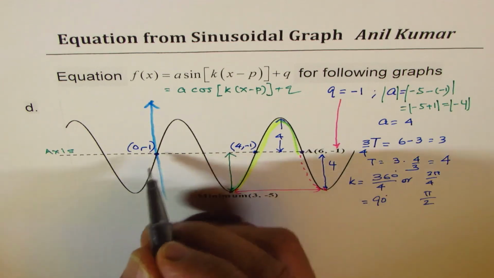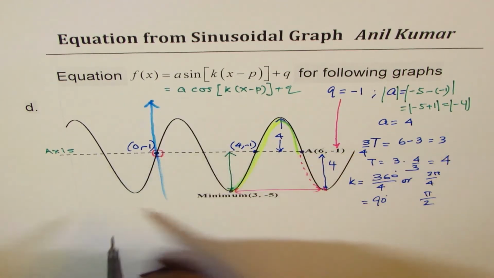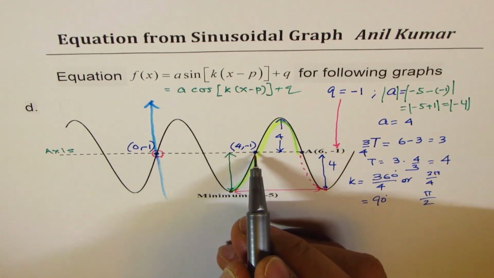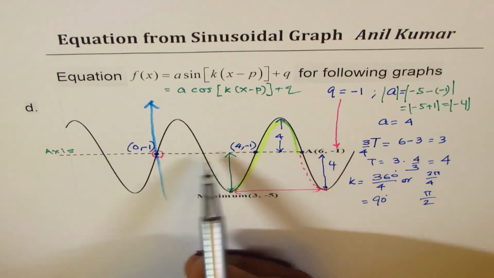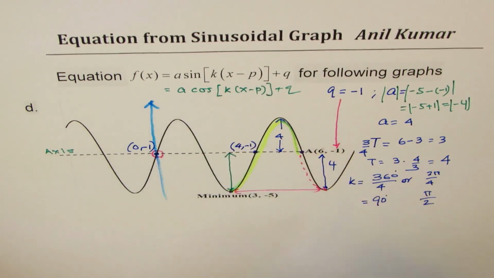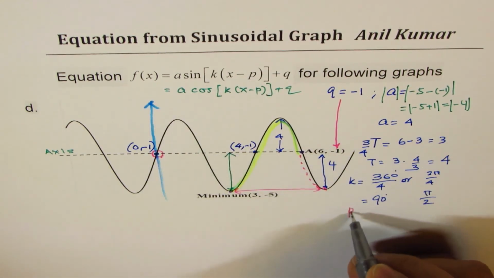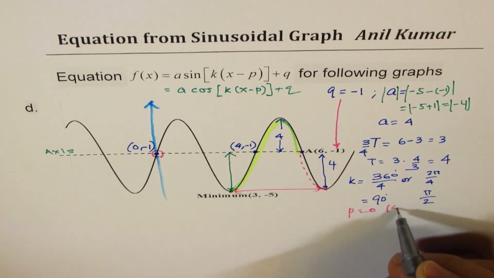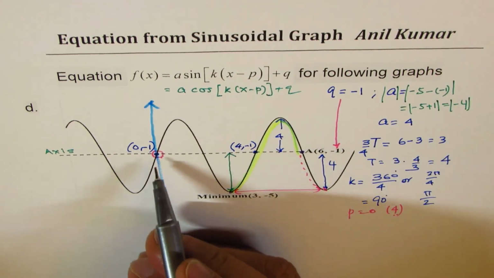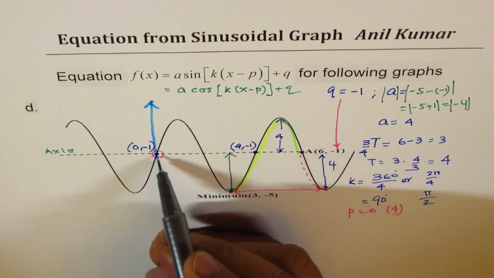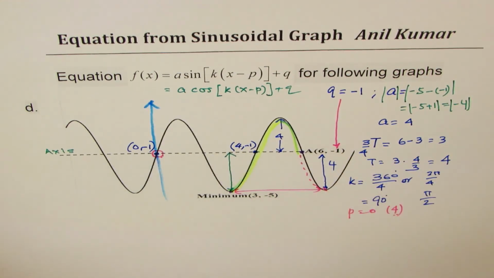So now you can see that there is no phase shift. You could write 4 as your phase shift, but 4 is the time period. So strictly speaking, phase shift P is 0. So what we figured out here is that P is equal to 0, since 4 is the time period, correct? That way, even after 4, it is going to start from here.